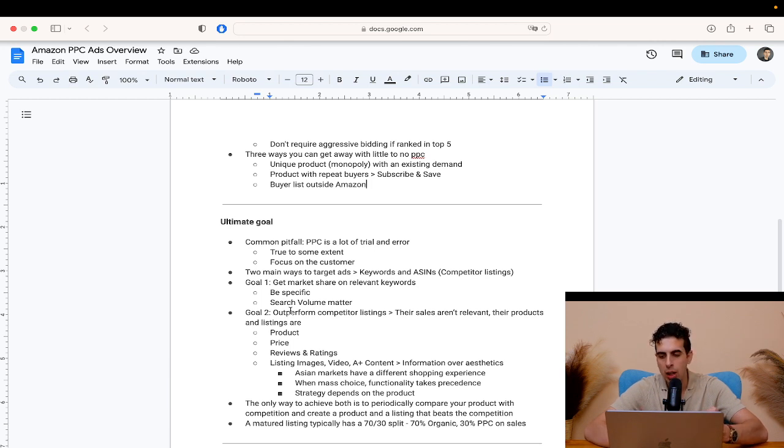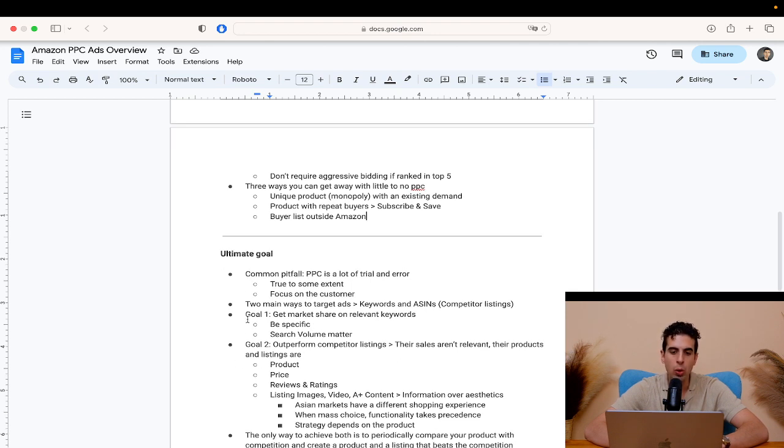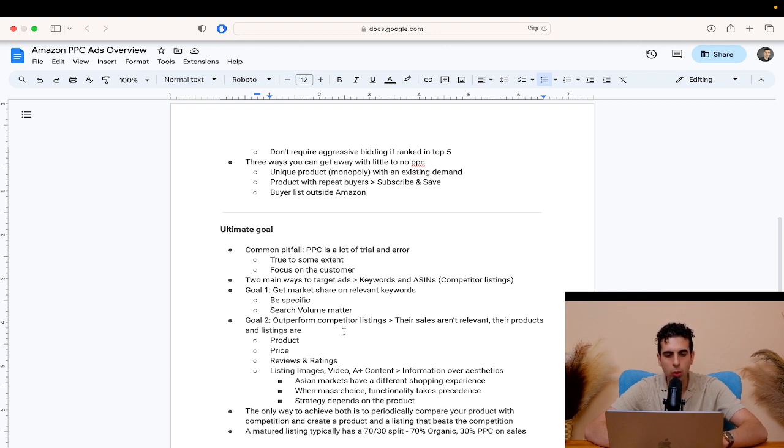So yes, it is much better to rank for the broader keywords, but again, as we covered in the previous section, because Amazon takes into account conversions, reviews, so many different data points, it's going to be hard for you to rank on broader keywords because you just don't have that history that some of the other brands might have. So you want to start small. You want to start with specific keywords, get ranked on that, and then ultimately work your way to the broader keywords.